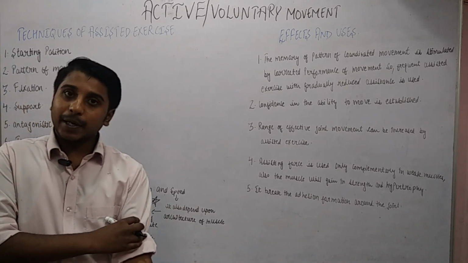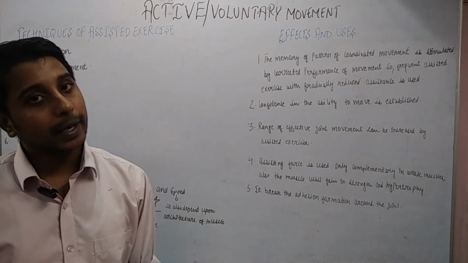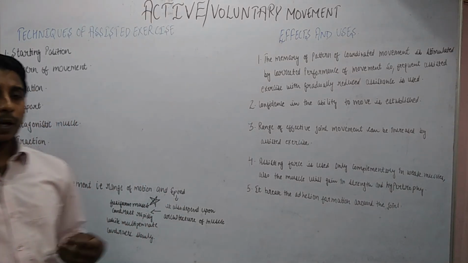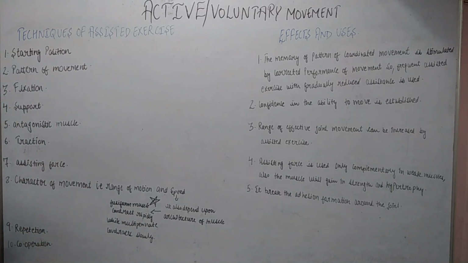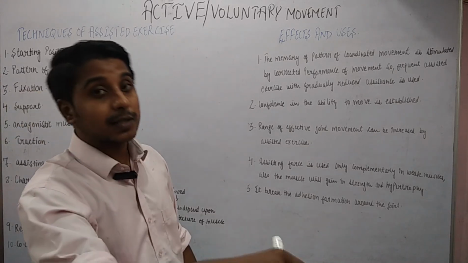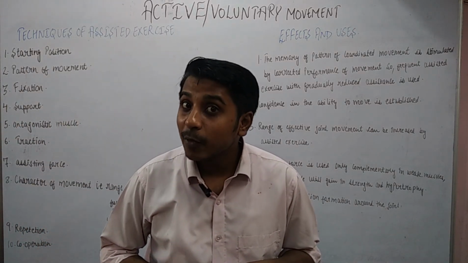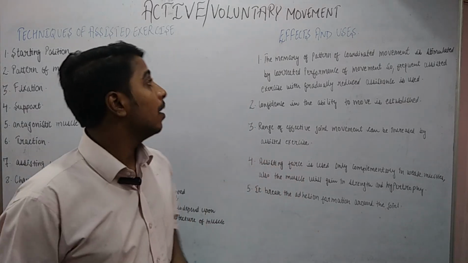This biceps brachii muscle is fusiform, it can contract rapidly, but the deltoid is a multipennate muscle which contracts slowly. Then repetition: a large number of repetitions is required for a better effect to increase the mobility of the joint. Then cooperation of the patient is also required. There must be full concentration of the patient so that the movement is an assisted movement, not a passive movement.